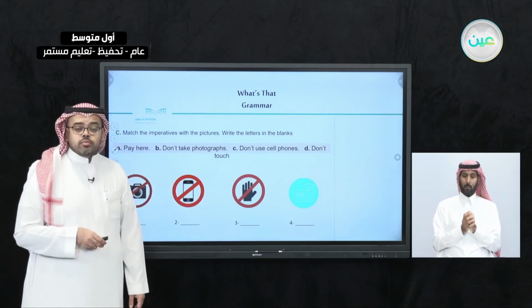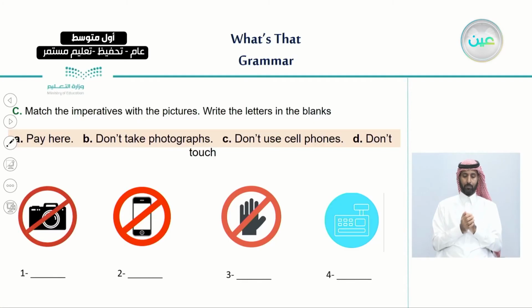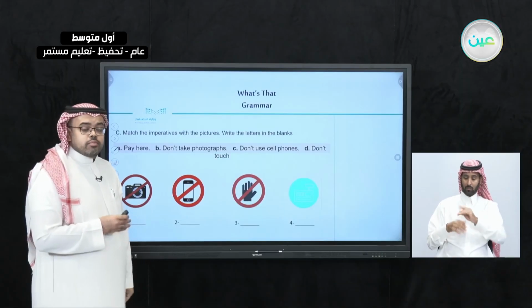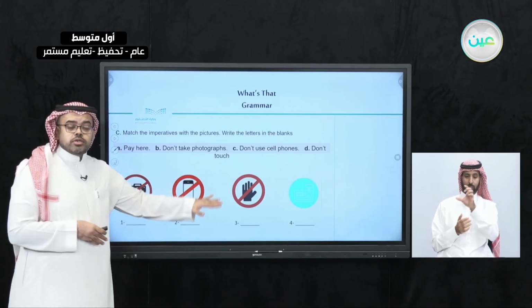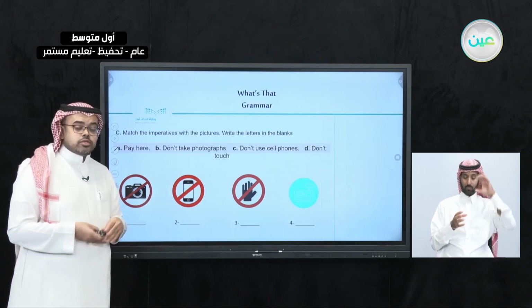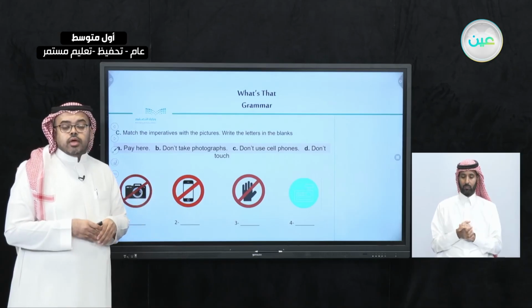So let's read the imperatives first. The first one is pay here. The second one, don't take photographs. The third one, don't use cell phones. And the fourth one, don't touch. So these are the imperatives, and these are the pictures that we need to match with each proper imperative.